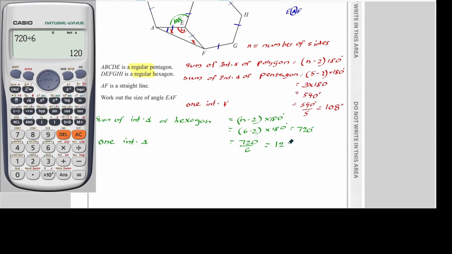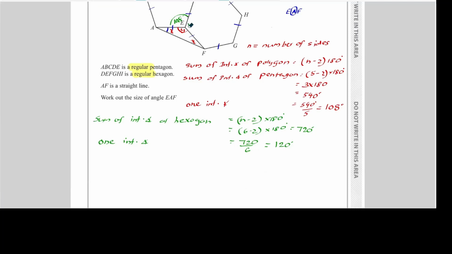So this one is 120 degrees. So we have this one 120. Right, we need to get this one. We know that angles at a point add up to 360. Therefore, 108 plus 120 plus y equals 360.